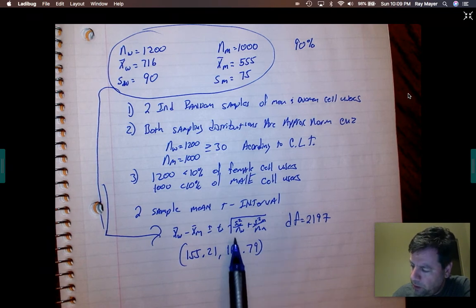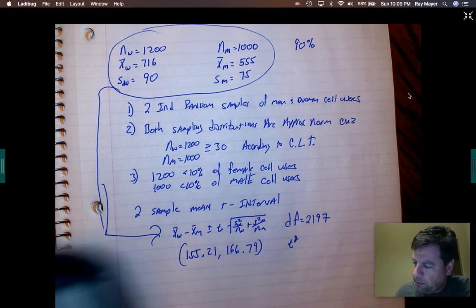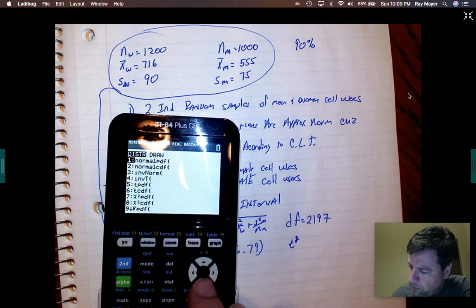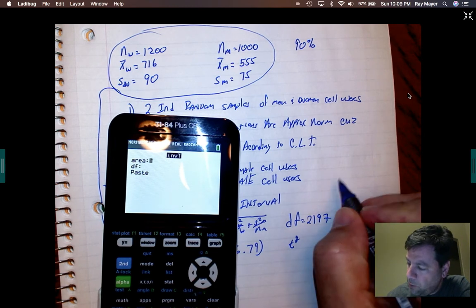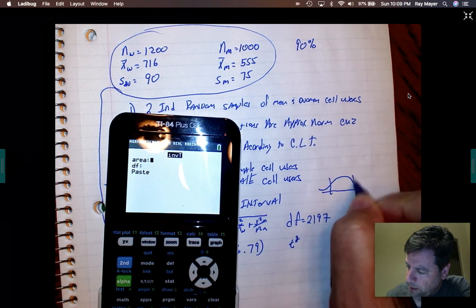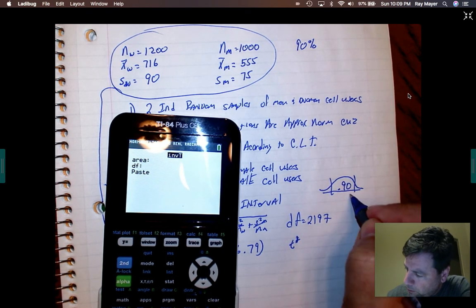For DF and 90%, I would like to see what this t star score is. All right, so we'll do inverse norm. Stat, no, that's distributions. Distributions. Inverse T, not inverse norm. I said inverse norm. We want inverse T. Right. Area. Now, this is the trick one. We don't do 0.9, because 90% is the middle, and I want this value right here.